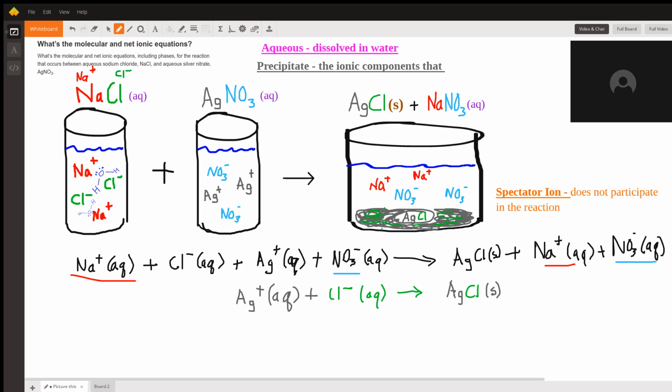So looking at what we had made, we had the silver chloride and we had the sodium nitrate. If we look these up on our tables, we can see if they are definitely going to be soluble or insoluble. So if we find anything like nitrate, it is always going to be soluble. These are ions that form soluble compounds.